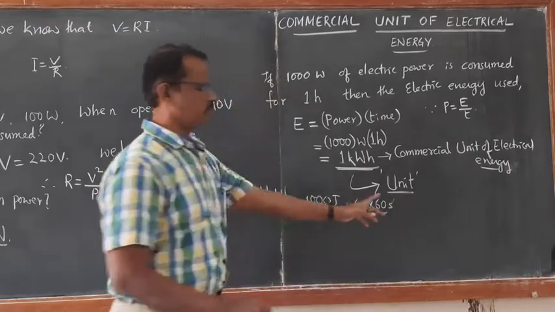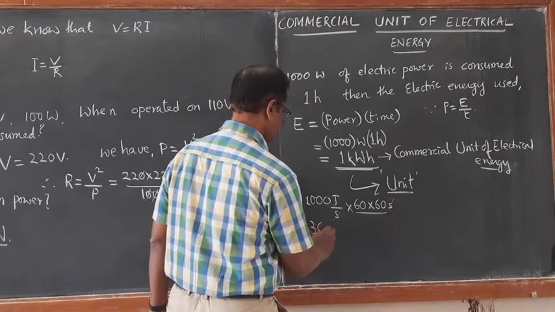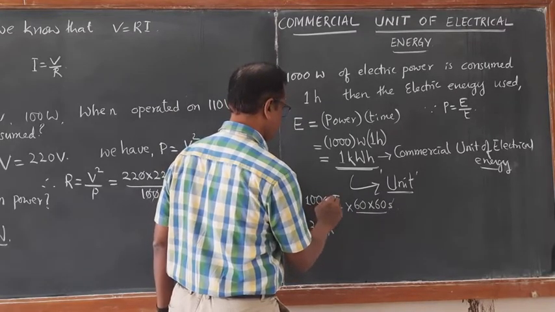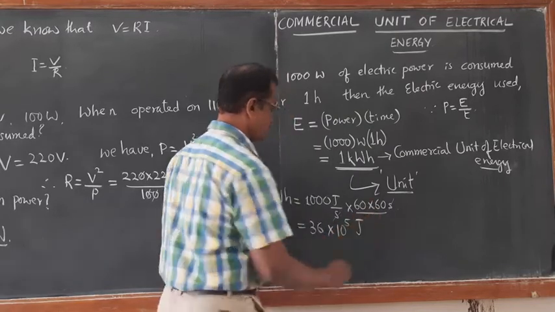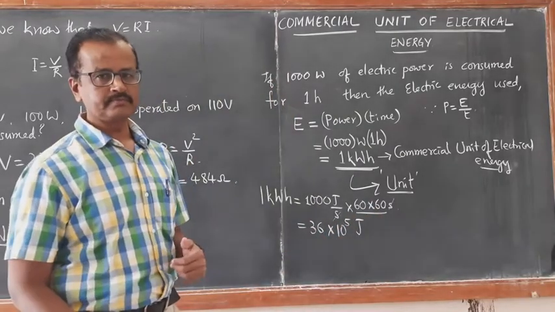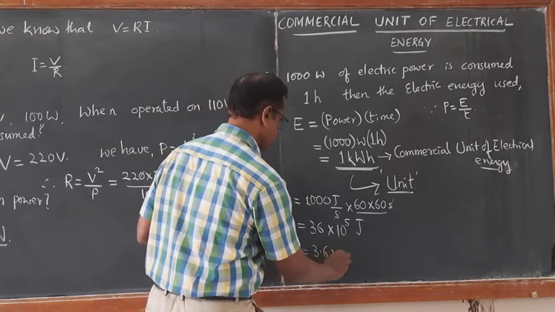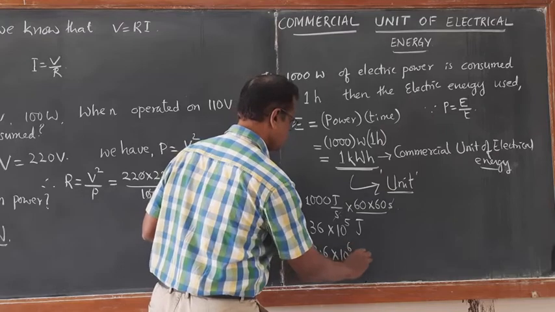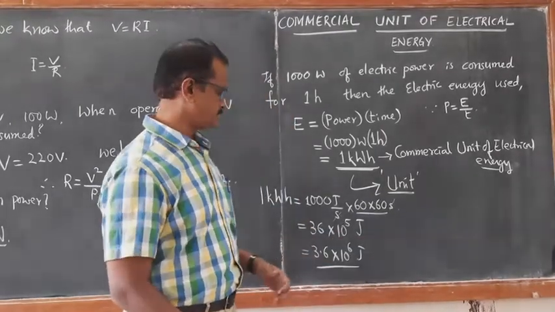So you are left with joules. 6 6s are 36. 36 into 10 to the power 5 joules. 36 lakh joules. Or you can write it as 3.6 into 10 raised to 6 joules. In scientific notation, 3.6 into 10 raised to 6 joules.